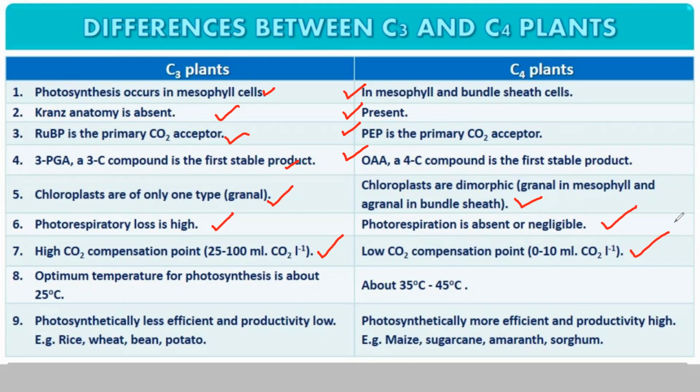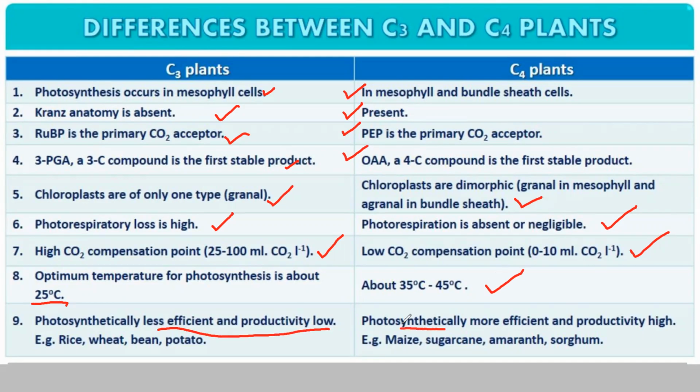The optimum temperature for photosynthesis in C3 is about 25 degrees Celsius, whereas the optimum for C4 is 35 to 45 degrees Celsius. So these C4 plants can tolerate high temperature. Photosynthetically, C3 plants are less efficient and productivity is low.